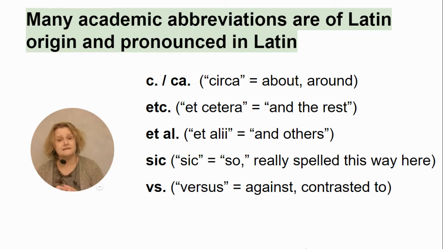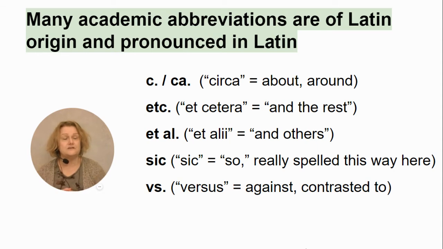And then we have sic. It's not used terribly much, but when you run into it, it might seem strange to you. It means so in Latin. What it means is it's really spelled this way.